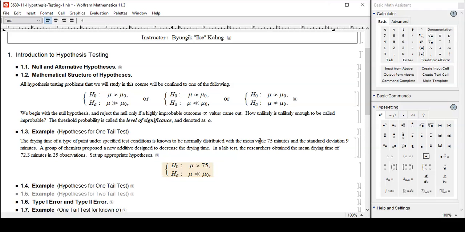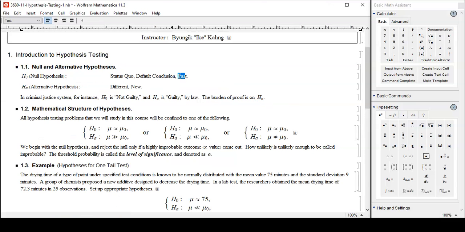with the problem, this came from the study of these chemists after putting some new additive in there, right? So this is the new value. The past value is 75. So previously it was 75, you see.